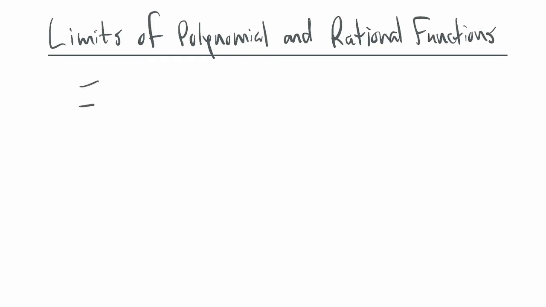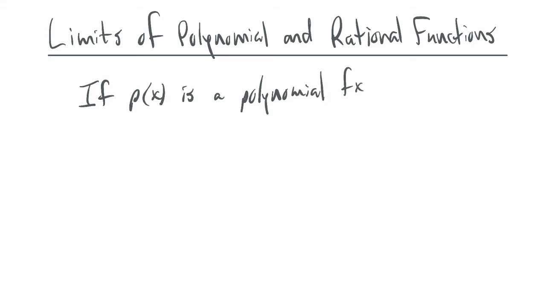So if, say, p of x is a polynomial function, then a limit can be obtained just by plugging in the value that x is approaching.